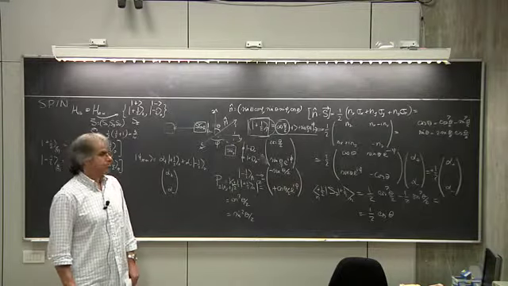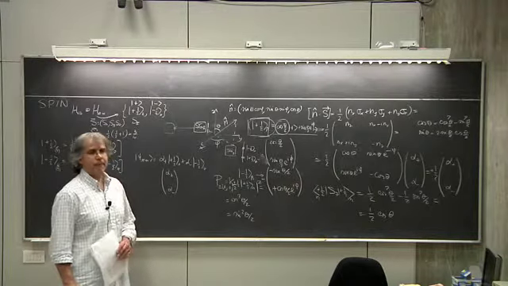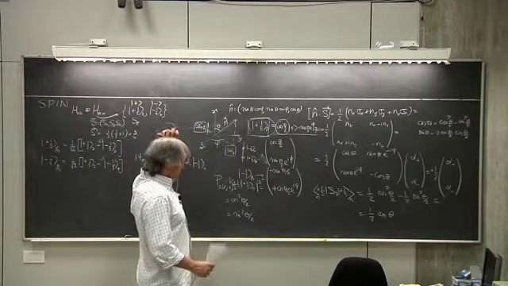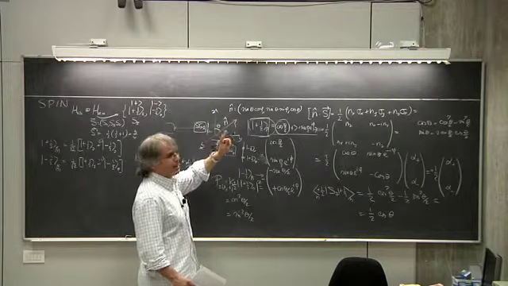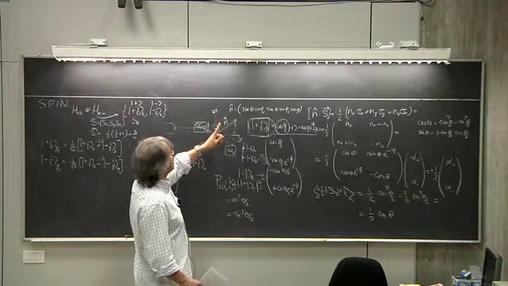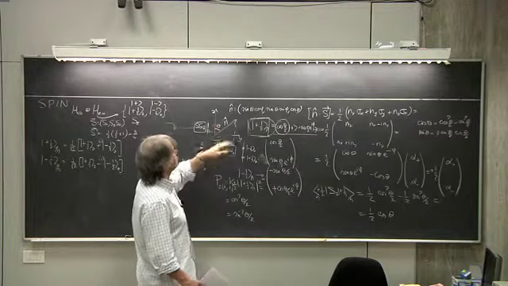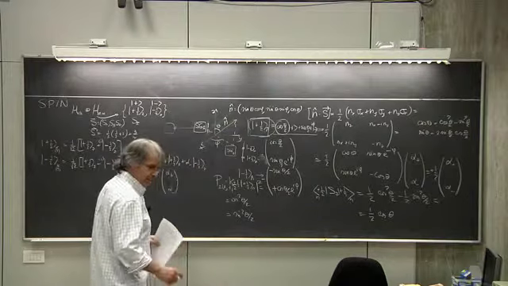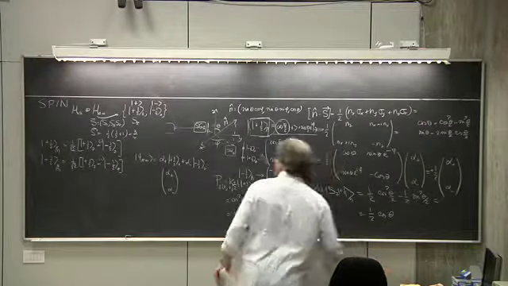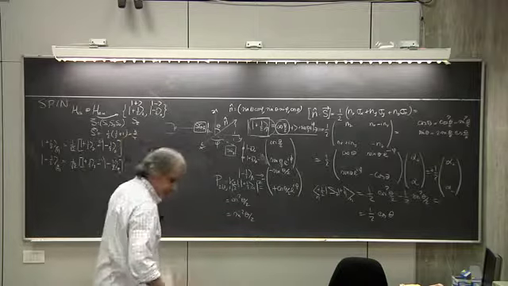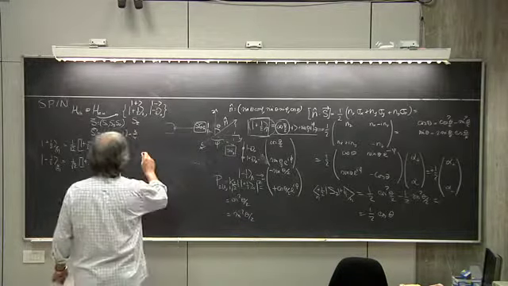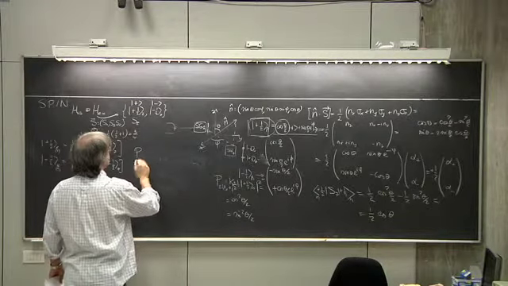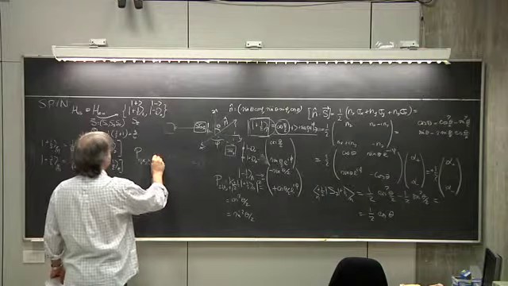Now, you can repeat the same type of exercises. For instance, ask yourself, what is the probability of measuring x in a certain direction on a state prepared like this? What I should do is a similar calculation. Let me just hint at the calculation. You want the probability of measuring plus 1/2 x on the state plus 1/2 n.